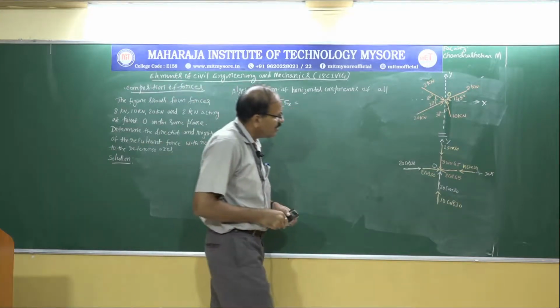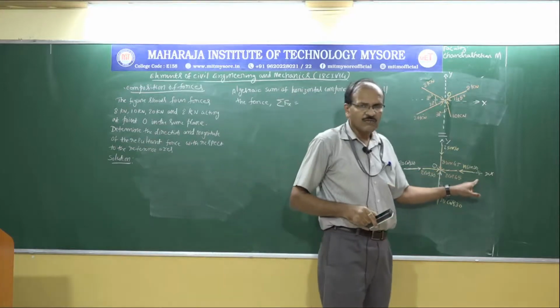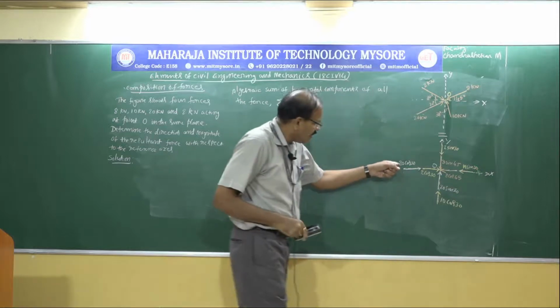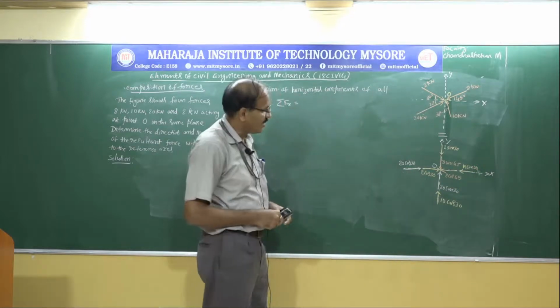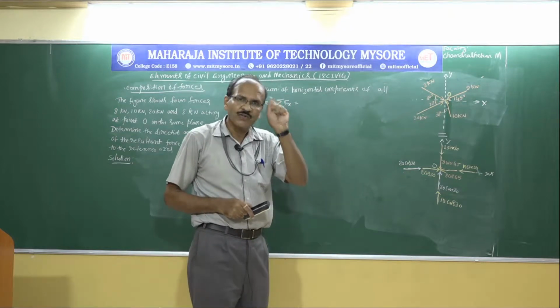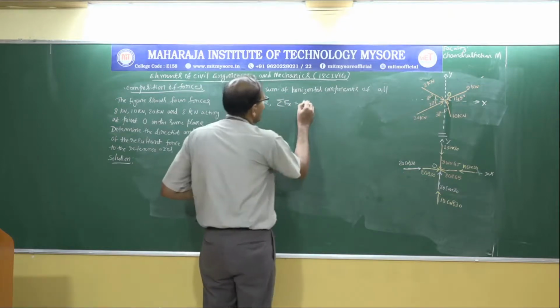Sigma Fx equal to, let us see what are the horizontal forces acting here. We have 4 horizontal forces. So let me go with this 20 cos 30. What is the sign? It is plus because that force is acting towards right. So it is 20 cos 30.